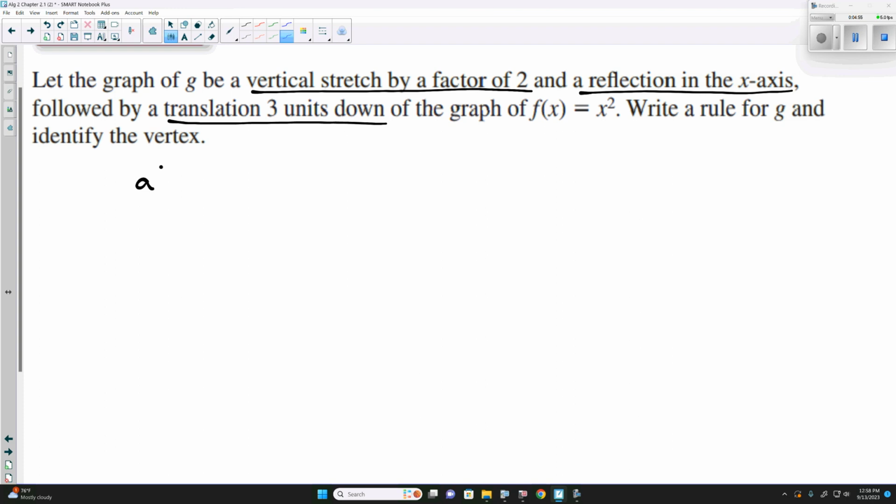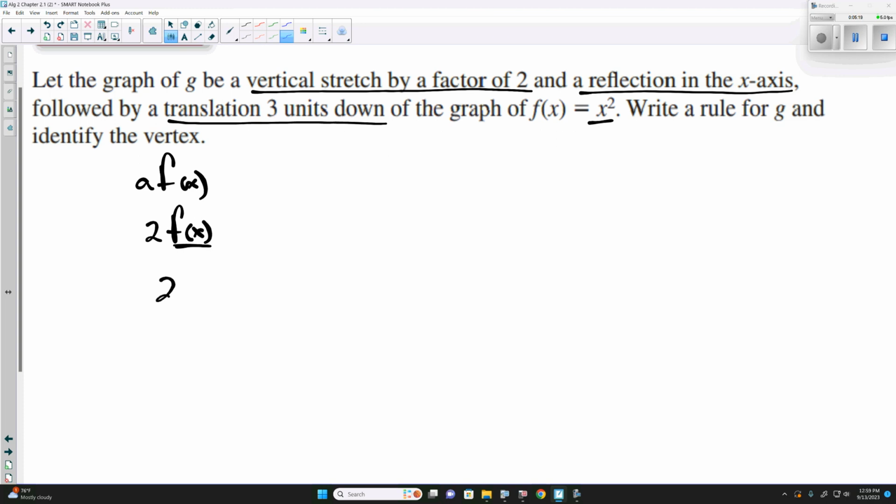Right, so I'm going to write it out so we see it. The value of a is 2, so 2 times f(x). Did we do anything to the x in our f(x)? No, it's still just f(x), which means I'm going to replace f(x) with what it's equal to, which is x^2.